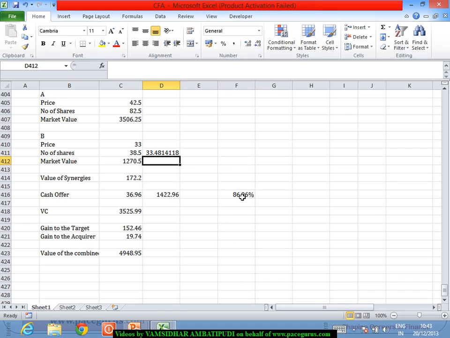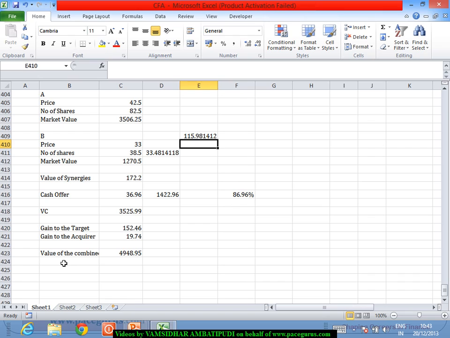The total number of shares available right now are 82.5 million of A and 33.48 million of B converted into A, so the total outstanding is around 115.98 million.